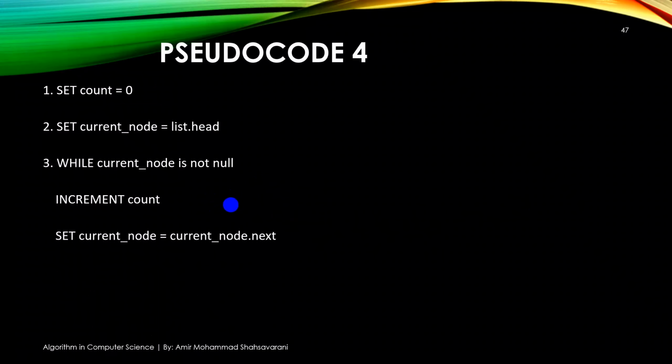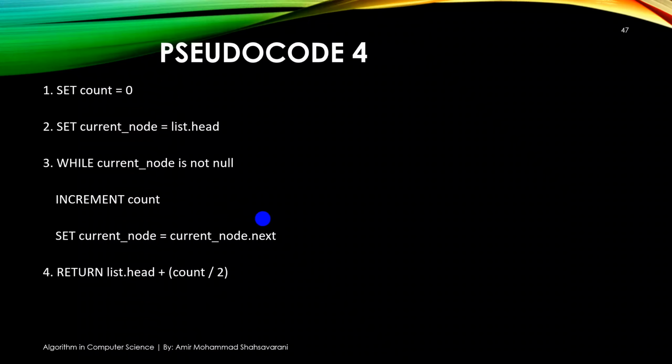Then set our current node to current node next, which means that we go one step forward in our list. And this while loop goes on until our current node becomes null.